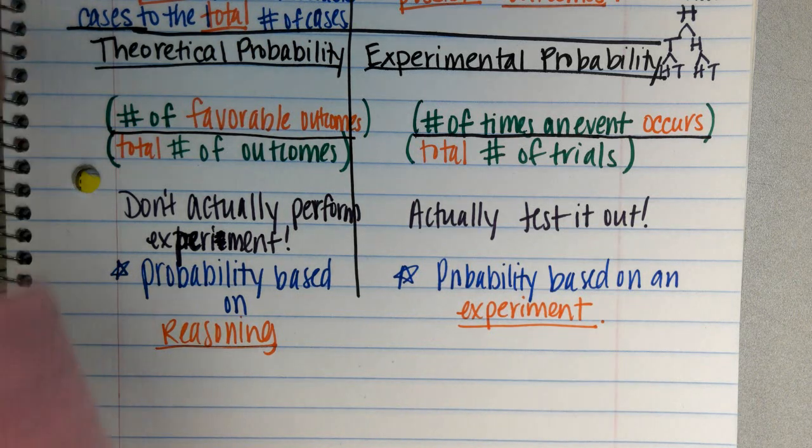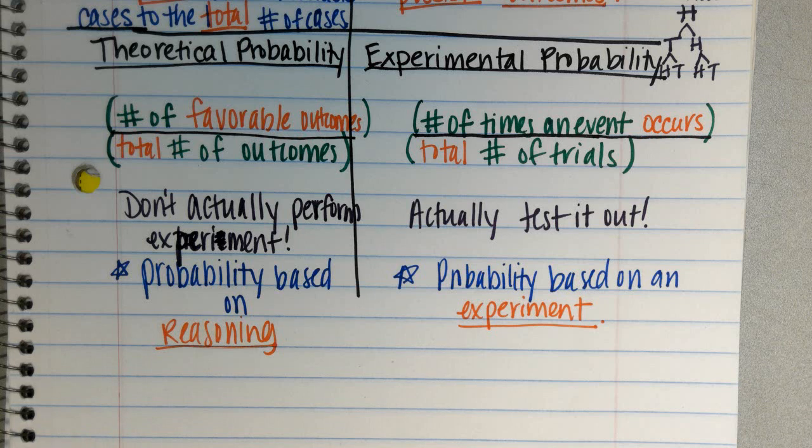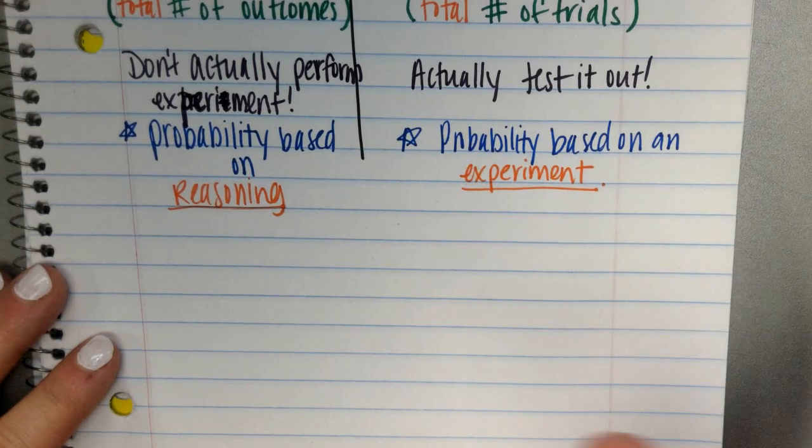We are going to be taking this step by step, and we're going to be looking at simple and complex experimental probability and simple and complex theoretical probability for the next week and a half. Okay, that's what this whole unit is over, is probability. So you're going to be probability masters.